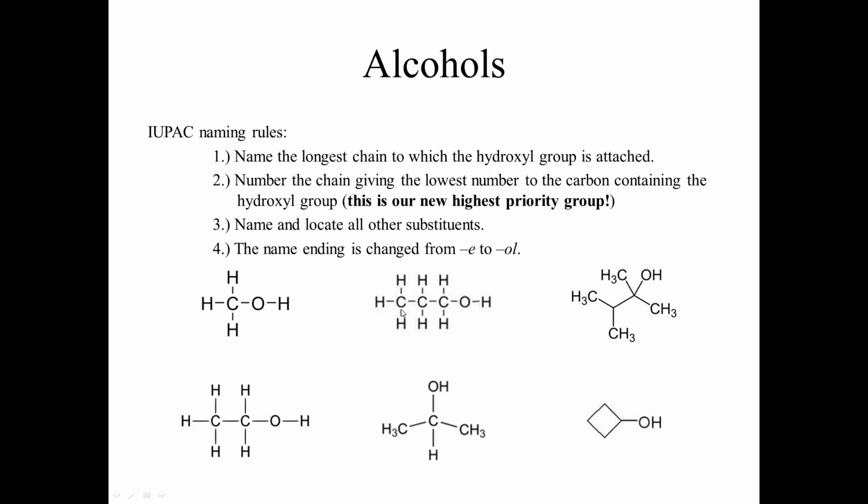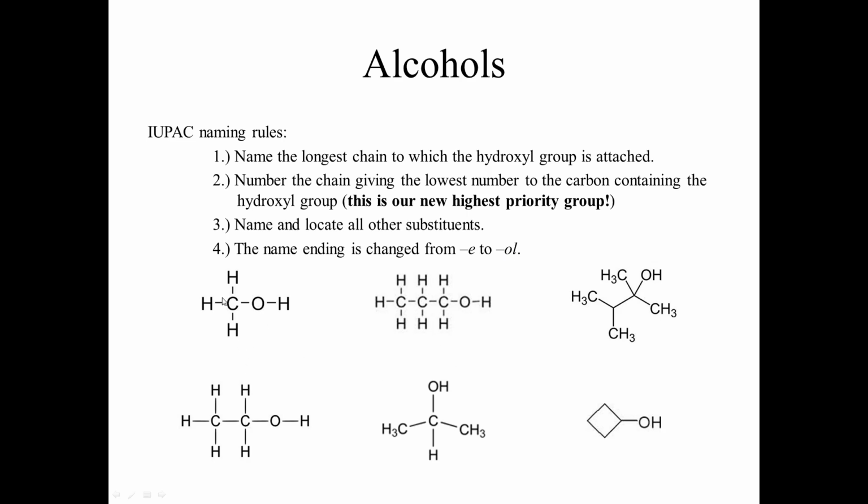And from left to right, it would be 1, 2, 3, and the OH would be on 3. Well, that's a poor choice again. I want the lowest number possible, so this will get 1, 2, 3. So what would you name this? We have 3 carbons, so propane. Let's change the ending from E to OL, so it becomes propanol, but that's not enough information.